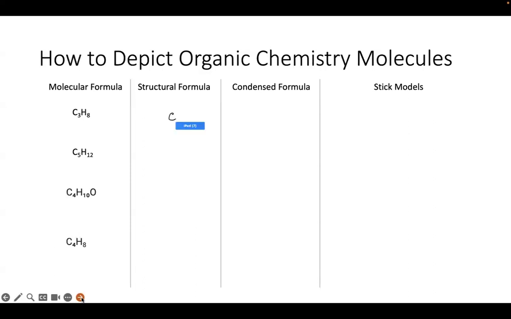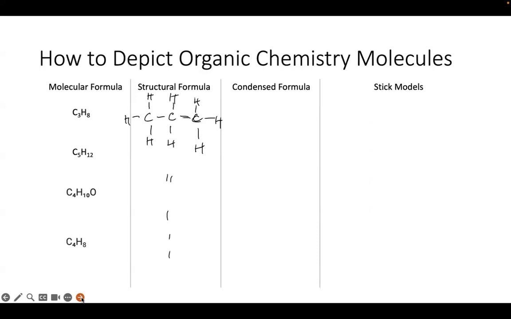So we can depict this structurally. I have 3 carbons in the backbone here, and then I have 8 hydrogens. And I could go on and so forth. Those are some crazy molecules. I forgot to edit this slide.